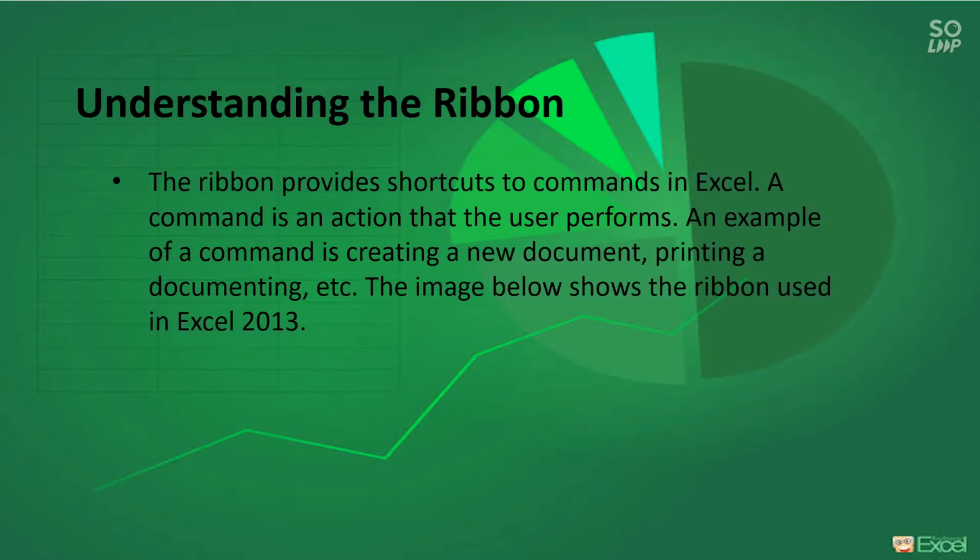Understanding the ribbon. The ribbon provides shortcuts to commands in Excel. A command is an action that the user performs. An example of a command is creating a new document, printing a document, etc. The image below shows the ribbon used in Excel 2013.